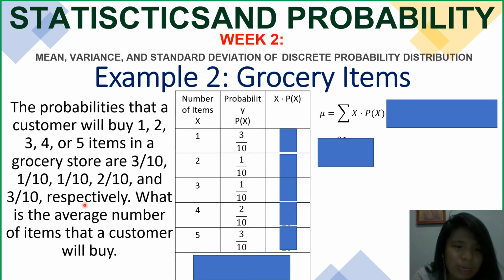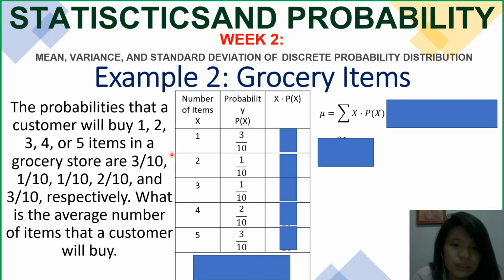So, nakita na natin yung keyword na average number. Meaning, we will get the mean or the average. Other word kasi for mean is average. So, therefore, yung gagamitin nating formula is yung mu.